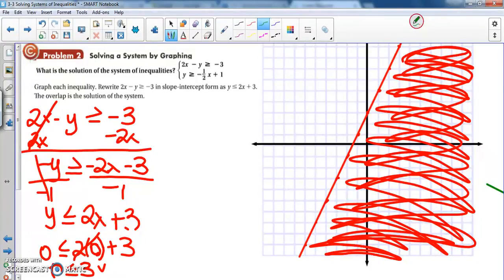My second inequality is y is greater than or equal to -1/2 x plus 1. Since I'm already in slope-intercept form, I'm going to graph that starting at 1.